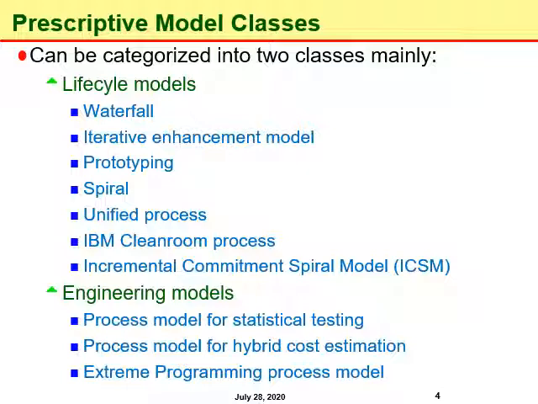Whereas engineering models include process model for statistical testing, process model for hybrid cost estimation, and extreme programming process model. So in this video, we will discuss life cycle models, whereas the engineering models will be discussed in the second video of this lecture.